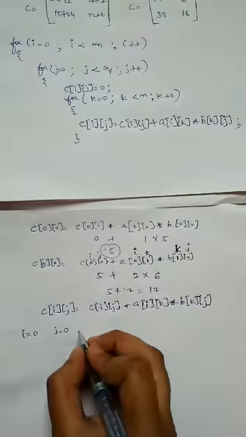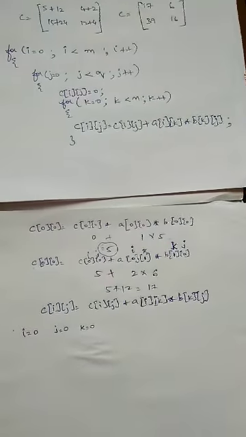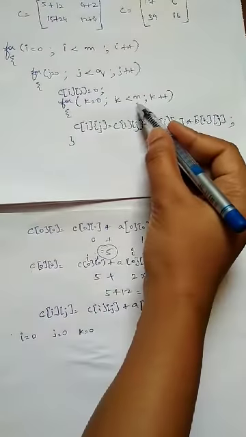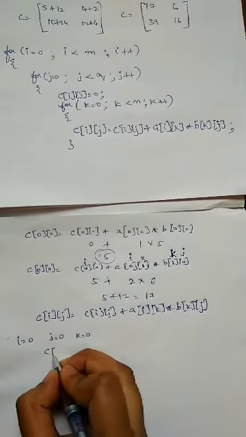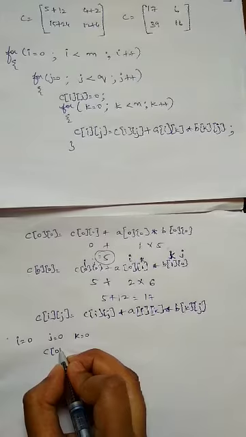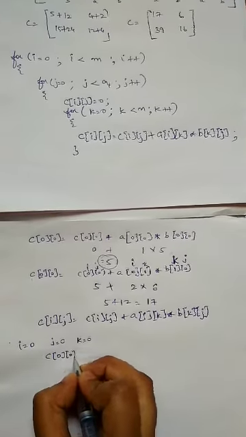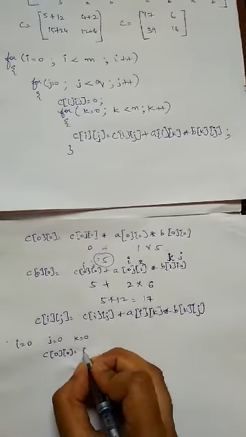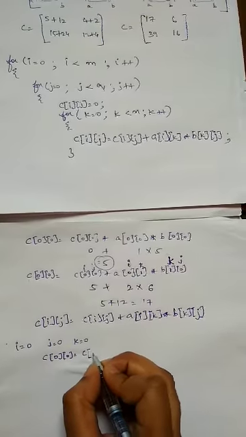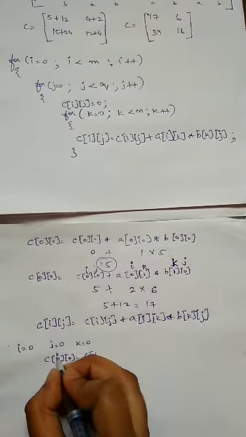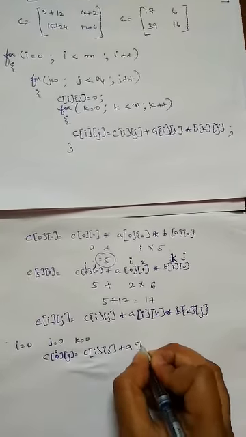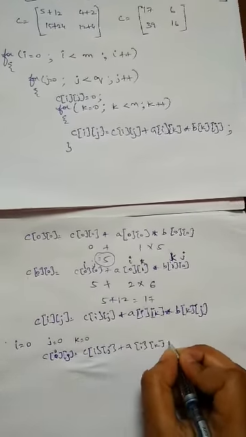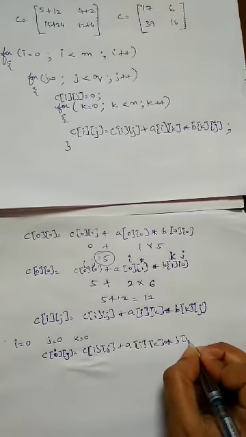k is again initialized to 0, and k is less than n. It is true, 0 is less than 2. So you will come and compute C of ij. C of ij is nothing but C of 0, 0. So you are going to write it as C of ij plus A of ik into B of kj.